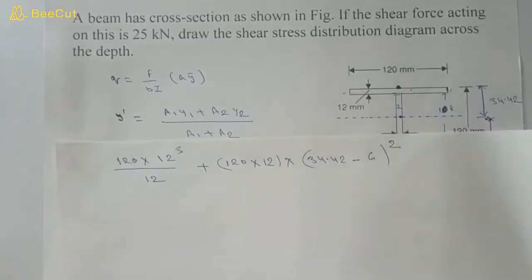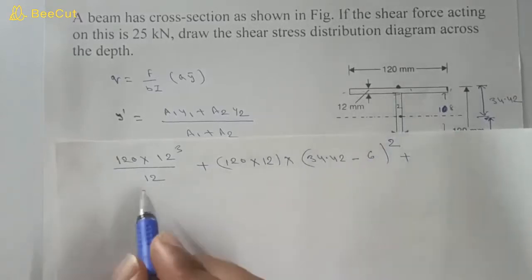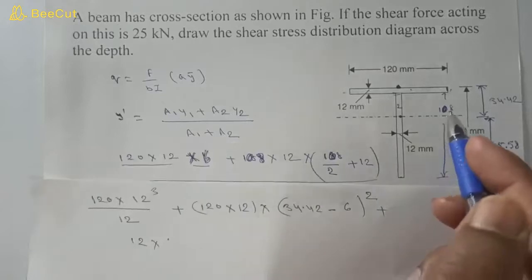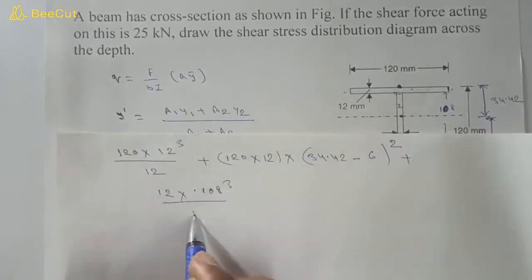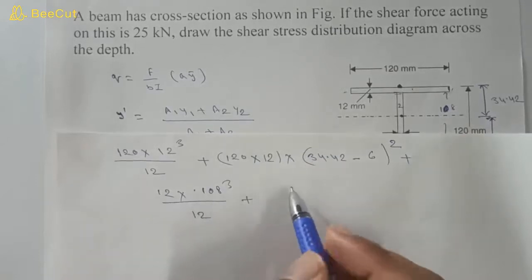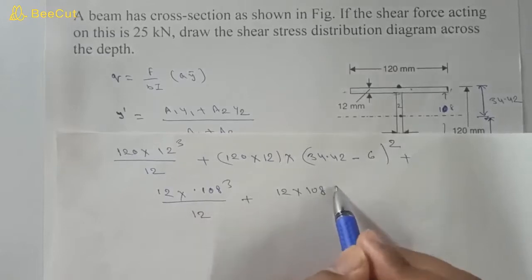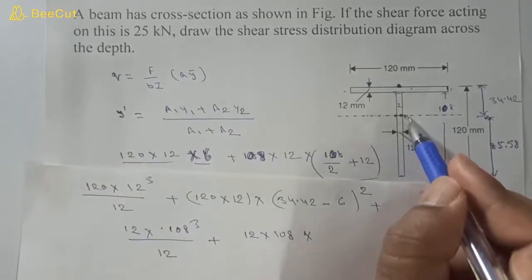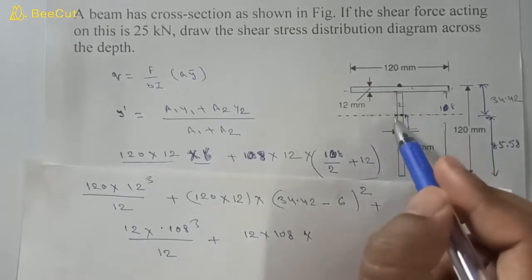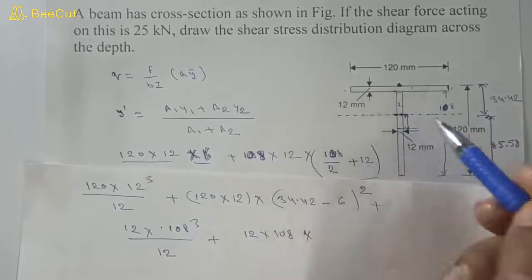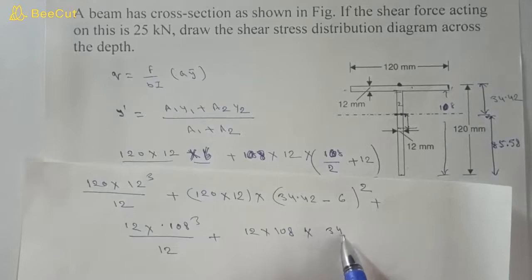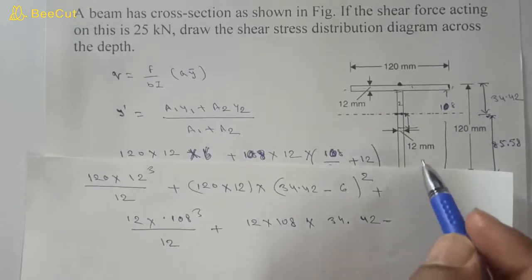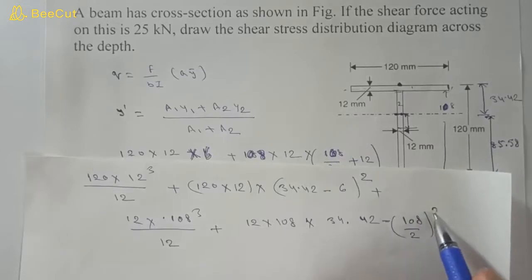Plus the moment of inertia of this web section, which is b h cubed by 12, where b is 12 and h is 108, so 108 cubed by 12, plus area 12 into 108, into the distance of the centroid of this web from the centroid of the whole section. So we have to calculate the centroid of this portion minus the distance of the centroid of the whole section, so 34.42 minus 108 divided by 2, squared.